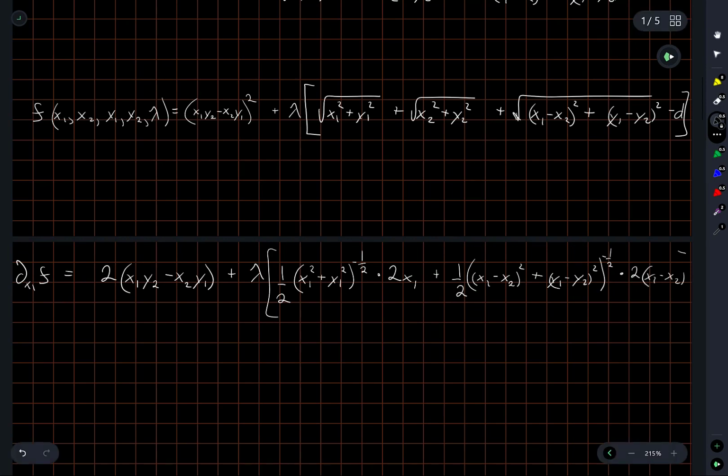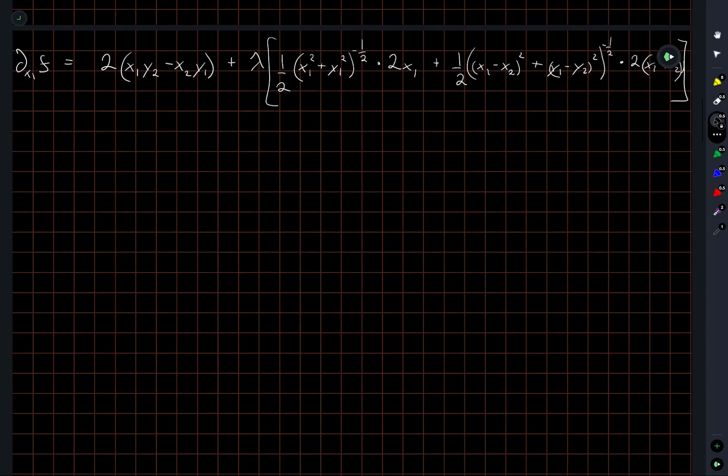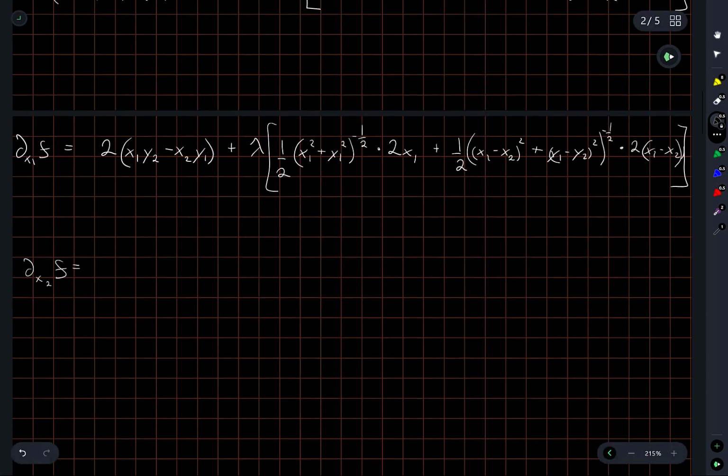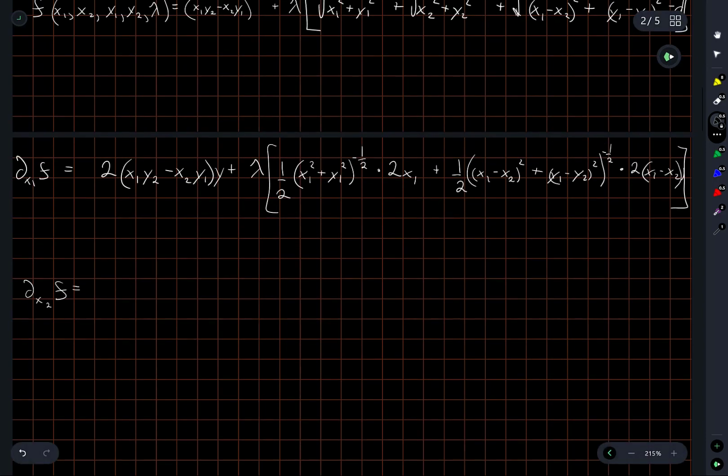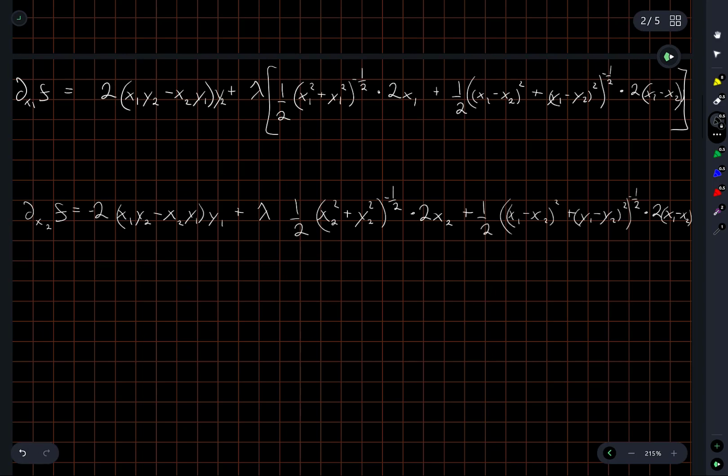All right, there's my partial derivative with respect to x1. Oh, I'm missing, there should be a y2 here. And I guess I need a negative sign there.